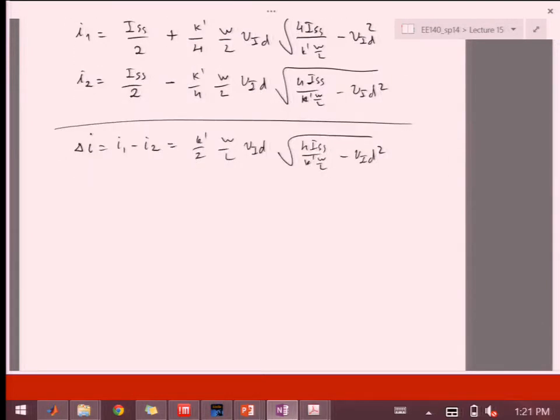What is interesting about this formula is that this delta I actually depends on VID.